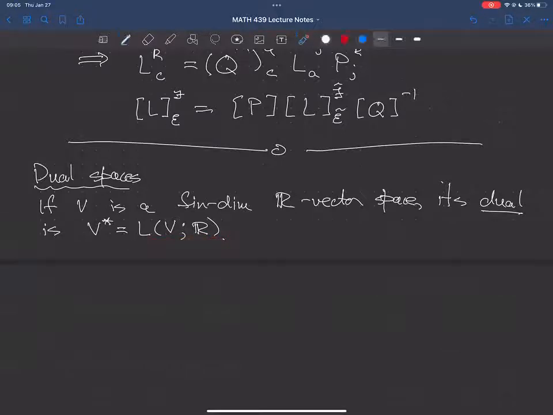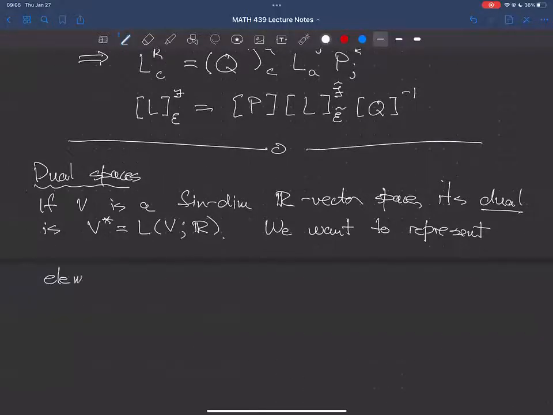Okay. All right. So now what we want to do is represent elements in the dual space in the right way. What do I mean by represent?